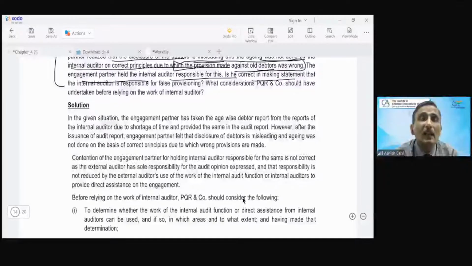It does not in any way reduce or diminish the external auditor's responsibility. He remains responsible for the opinion expressed by him. If he has relied upon some work of the internal auditor, he should have performed adequate procedures. At least he should have checked the aging of, say, 1 month before relying upon the aging.